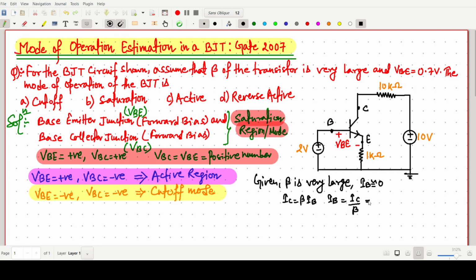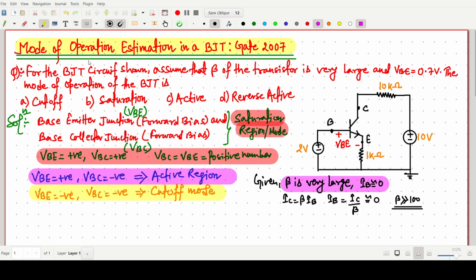If beta is greater than 100 or 200, this value will be very low, generally in the microampere range.